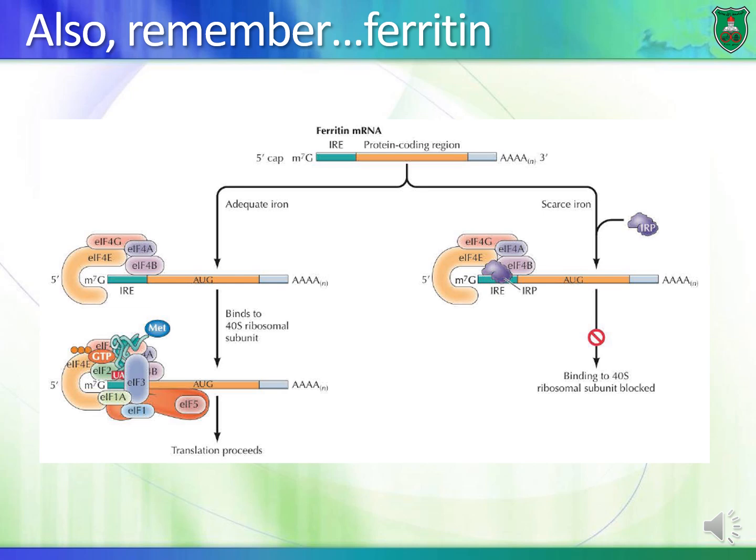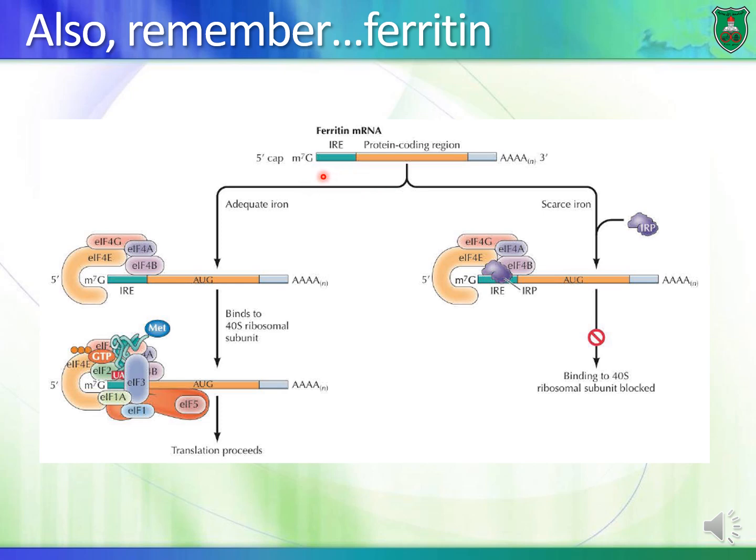Also, another mechanism of regulation of translation, if you remember, we talked about ferritin before, right? And we talked about the stability of the transferrin receptor messenger RNA being controlled by how much iron there is inside cells. Well, the same is true for ferritin, except that for ferritin, it's translation that is controlled, not stability of the messenger RNA.